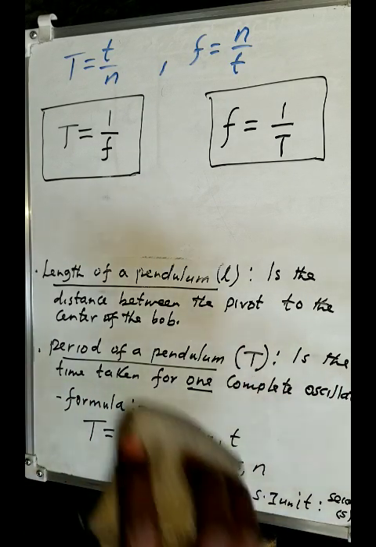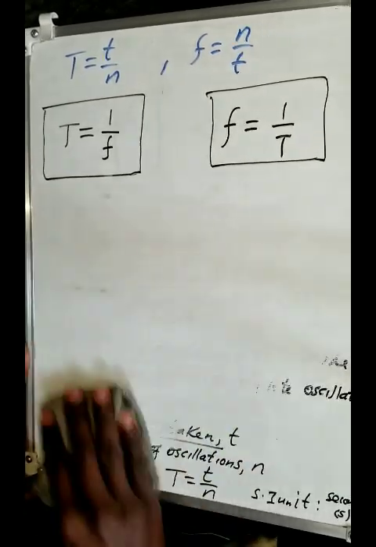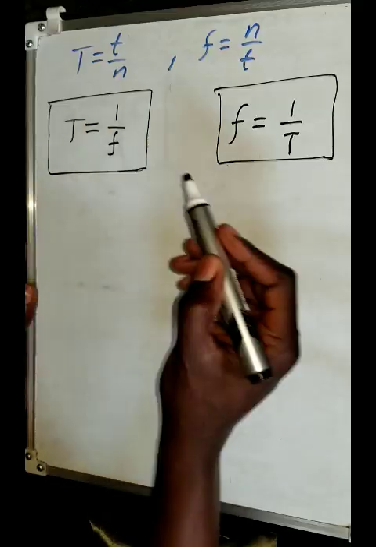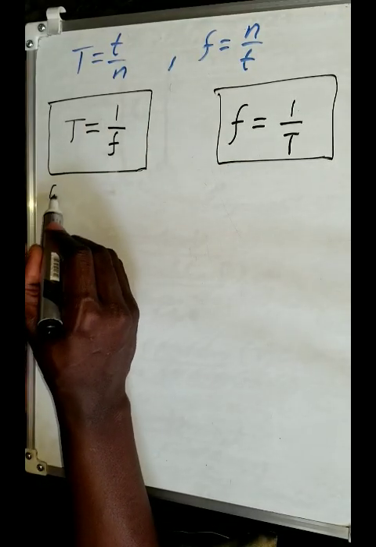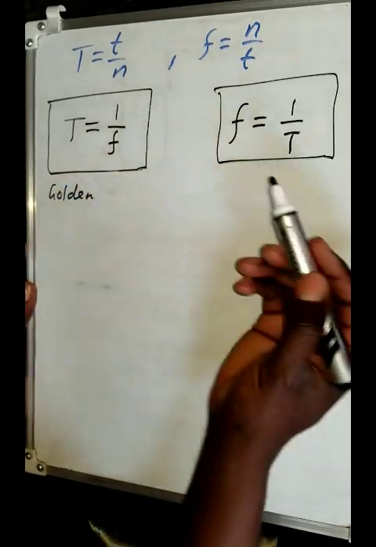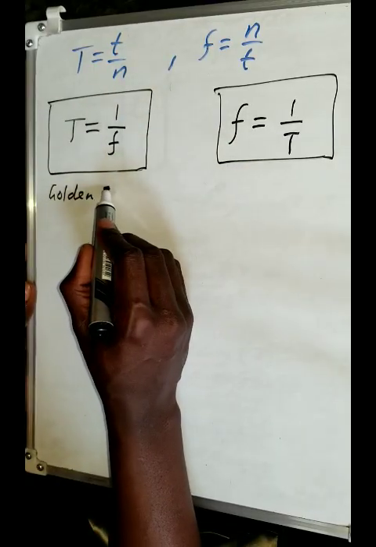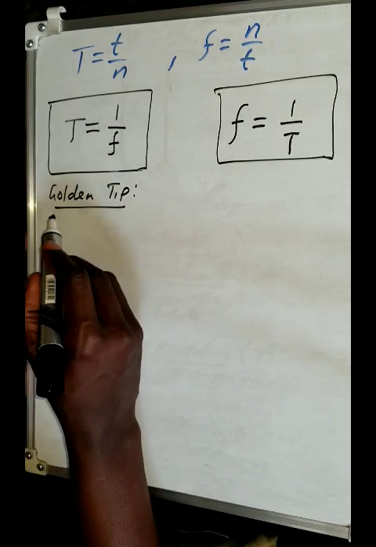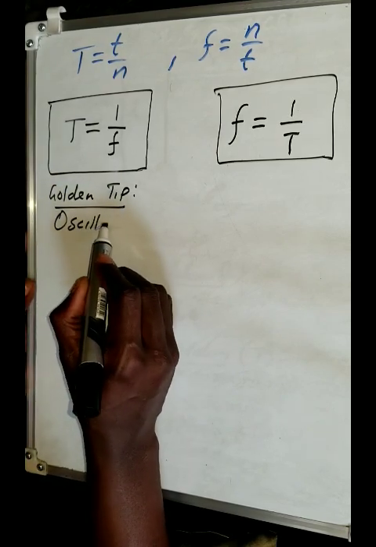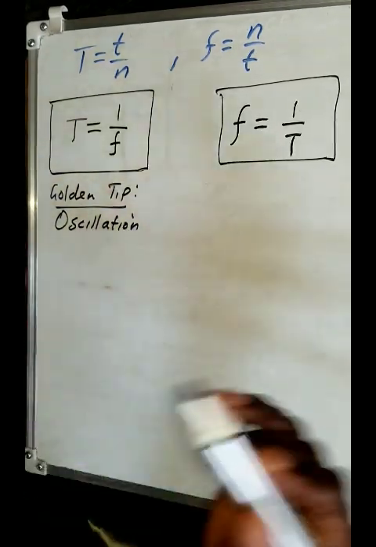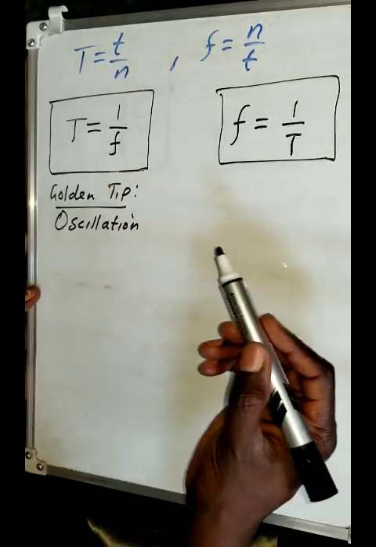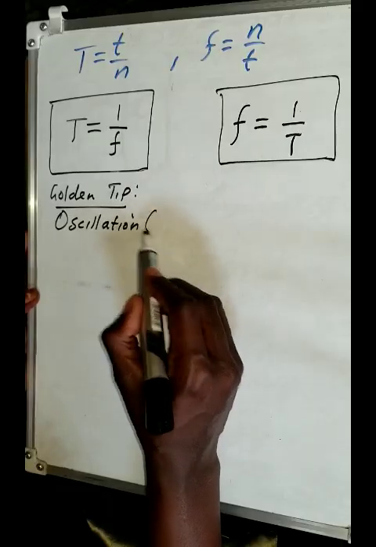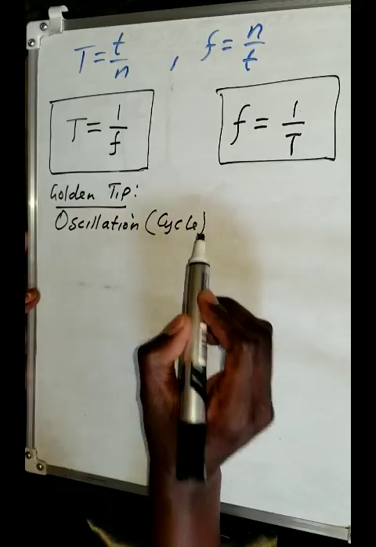All right. Before we move on, I want you to understand some concepts here. I've been talking about oscillation. What exactly is the definition of an oscillation? Let's put up some golden tips. Oscillation is sometimes called a cycle, or the number of cycles.